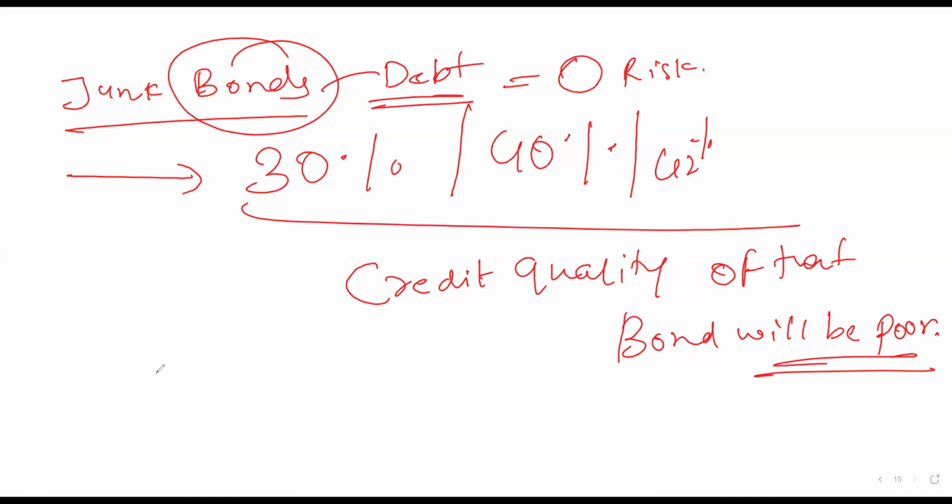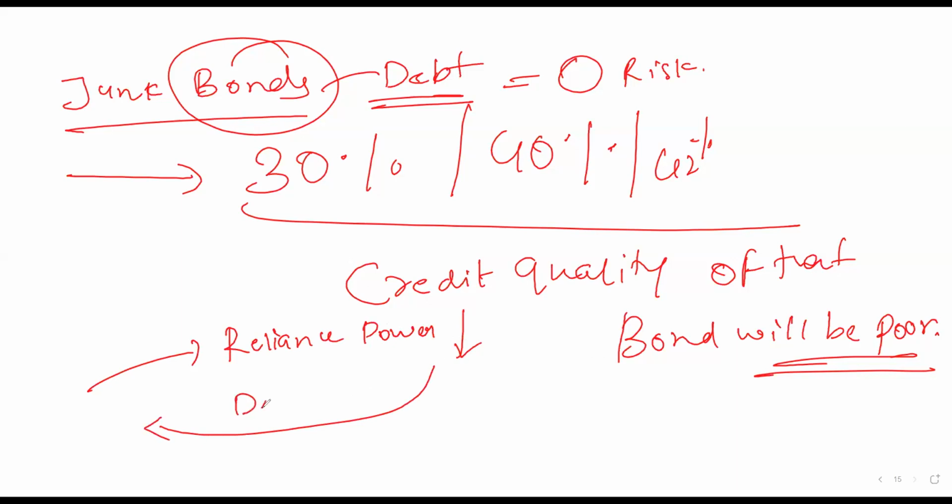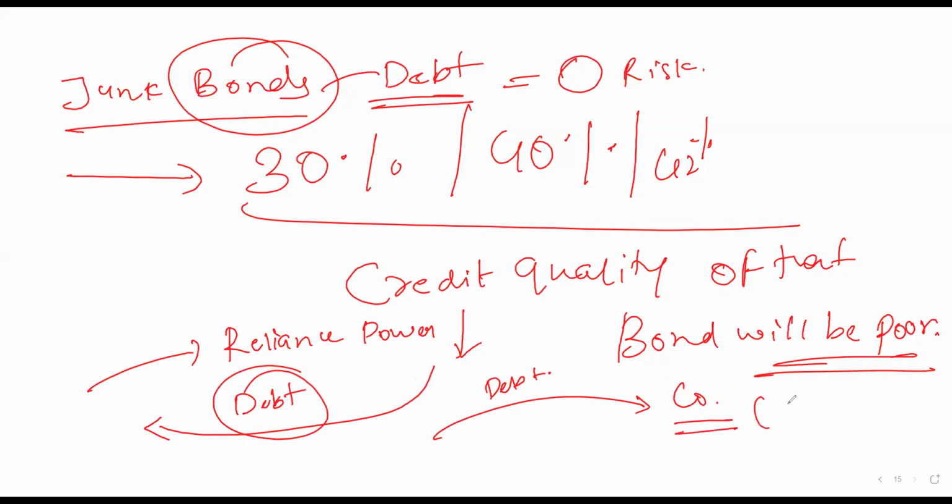What if you have lent money to a company like Reliance Power and that company has collapsed? Will Reliance Power be able to pay back your debt? Will a company like Kingfisher be able to pay back your debt if you have given debt to it, and that company collapsed?